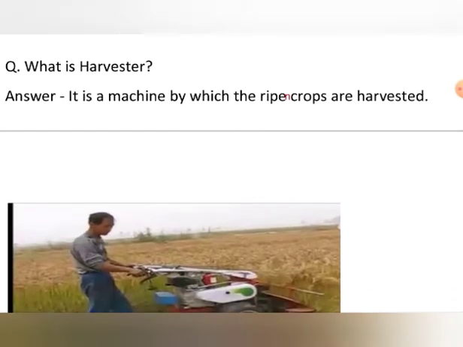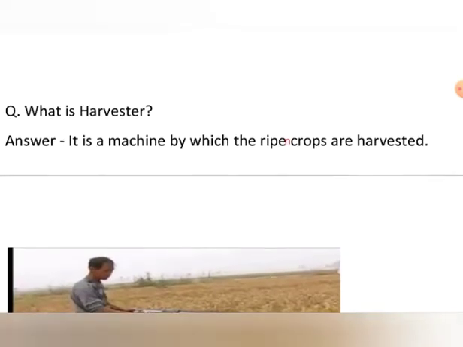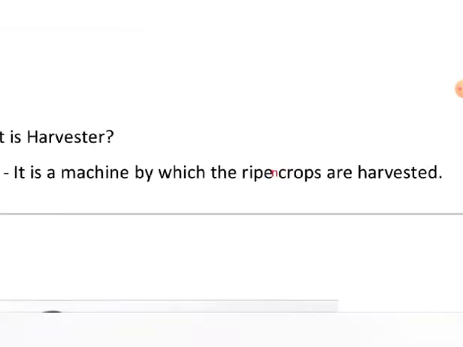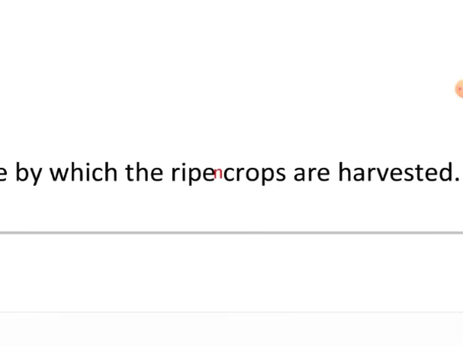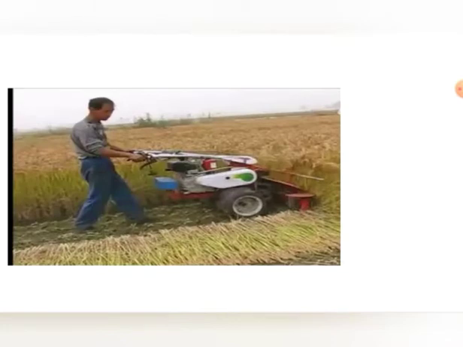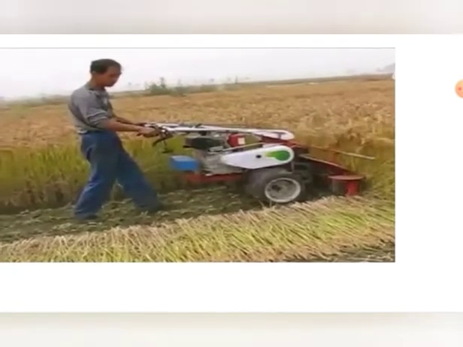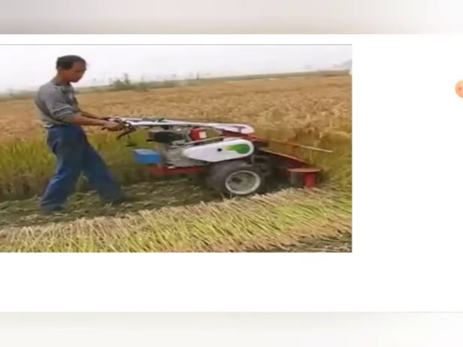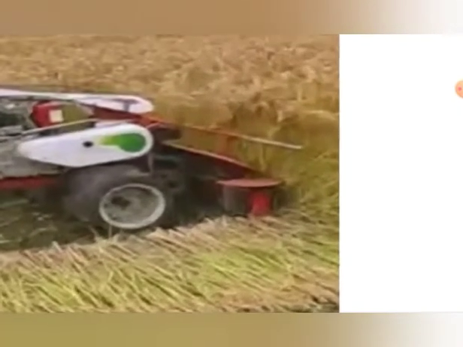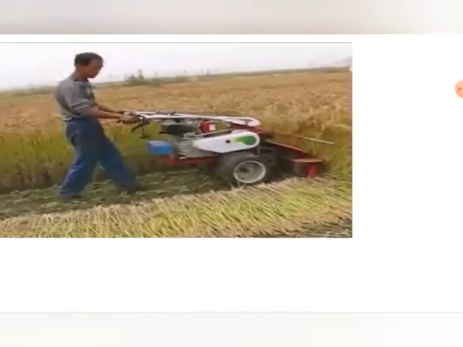There is another question, what is a harvester? Harvesting is the cutting of the ripened crop. So what is a harvester? As the name suggests, it is a machine by which the ripened crop is harvested. Take a look at this picture, a man is using a harvester. It is a machine with the help of which he can easily cut the ripened crop.